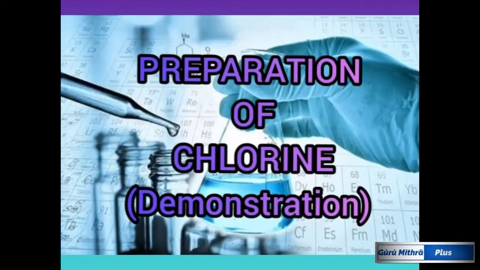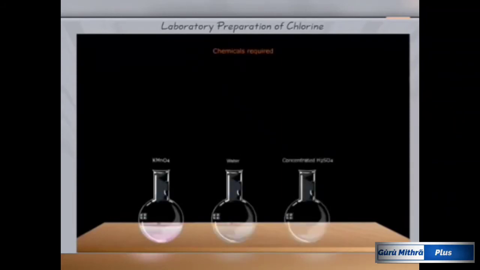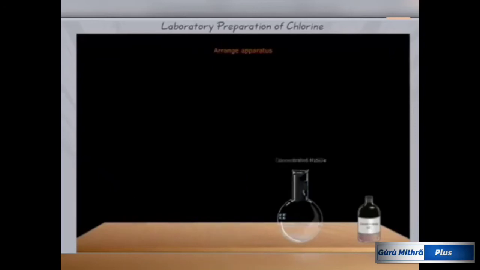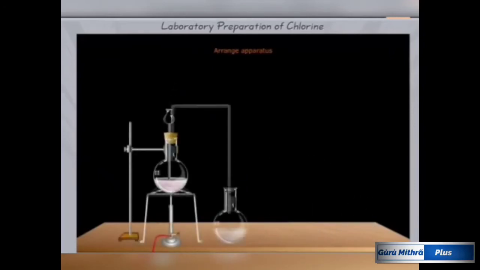Next, let us see the preparation of chlorine in the laboratory. Chemicals required: potassium permanganate, water, concentrated sulfuric acid, concentrated hydrochloric acid. Arrange the apparatus as shown.